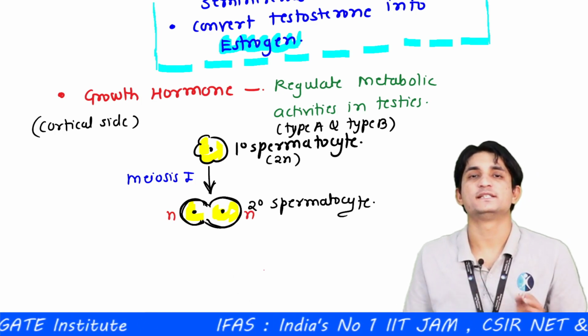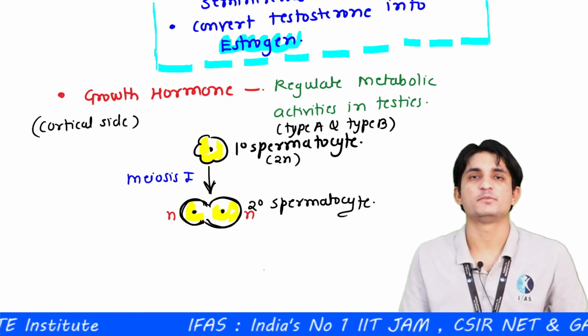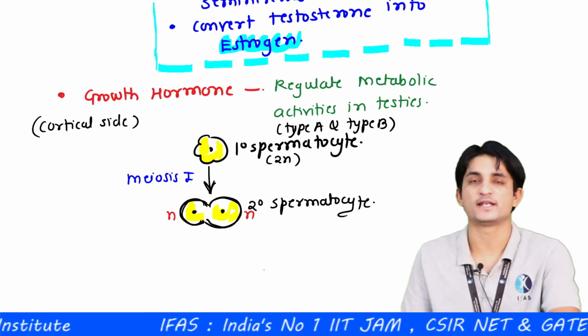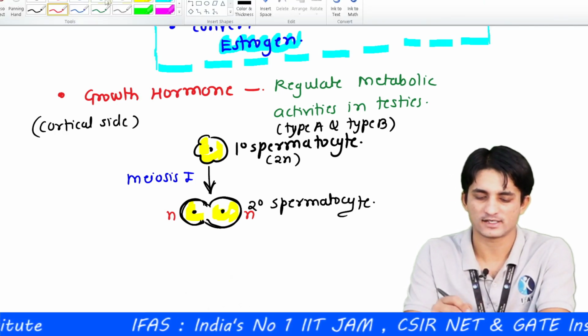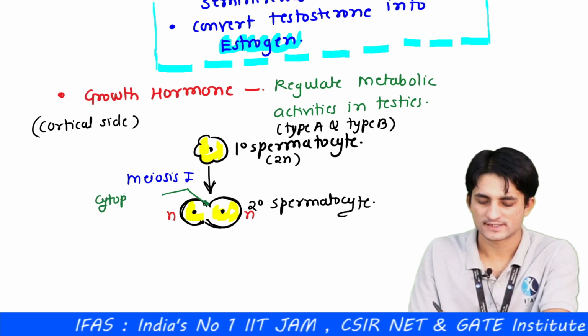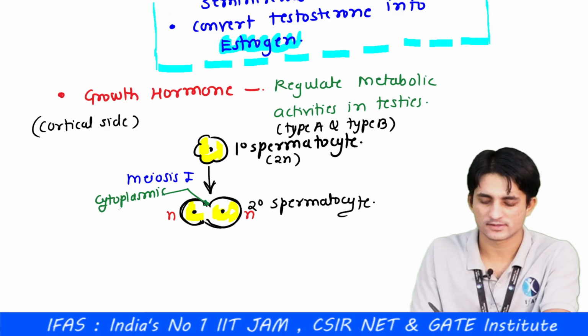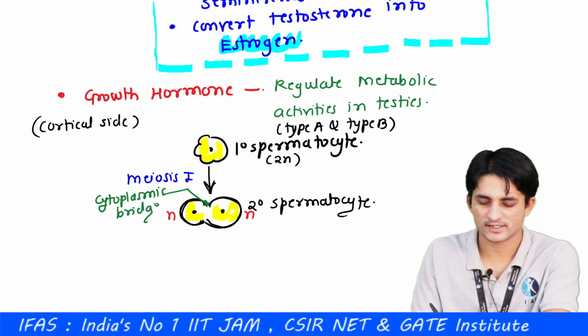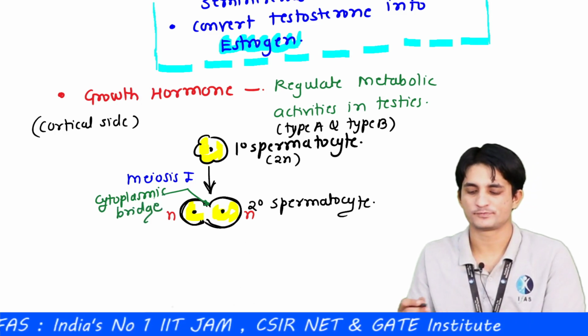So here the reductional division occurs in meiosis first, and haploid secondary spermatocytes form, and they are connected with a bridge. This is called the cytoplasmic bridge, which is present in between spermatocytes.